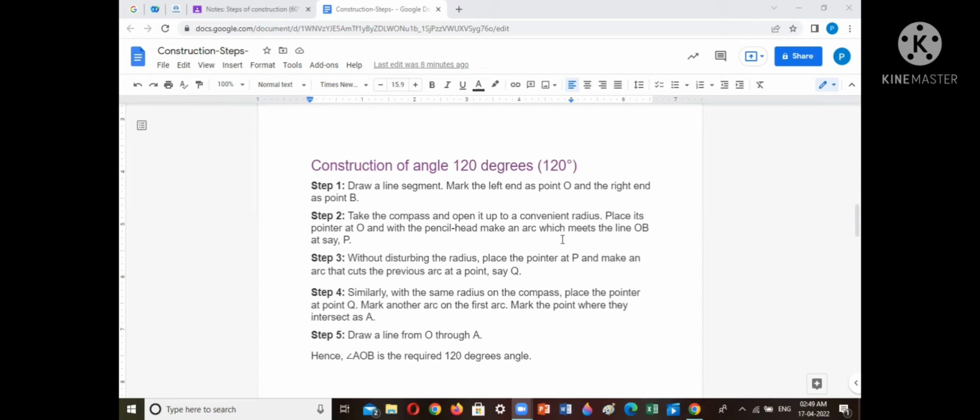So now let's read the steps. Draw a line segment, mark the left end as point O and the right end as point B. Take the compass and open it up to a convenient radius.